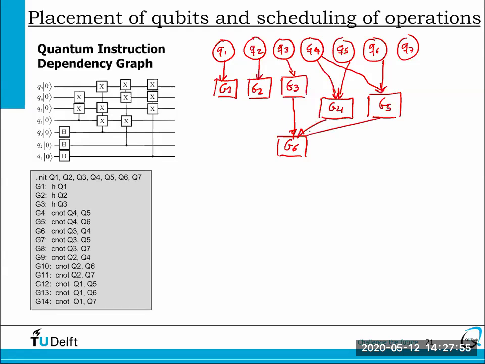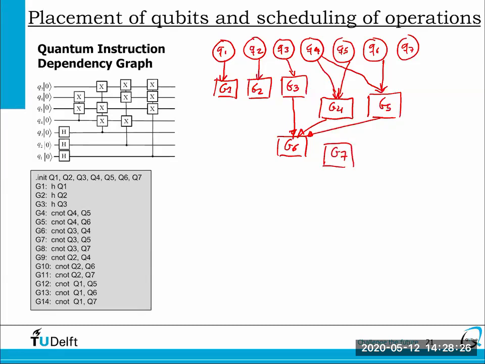Because in this case, I cannot perform G6 until G4 and G5 are performed, right? Because imagine if I do G6 before the other two, that will change the state of Q4, and then the result of the C node of Q4, that is the control with the other two qubits, might change. Is it clear? And then we go to G7.